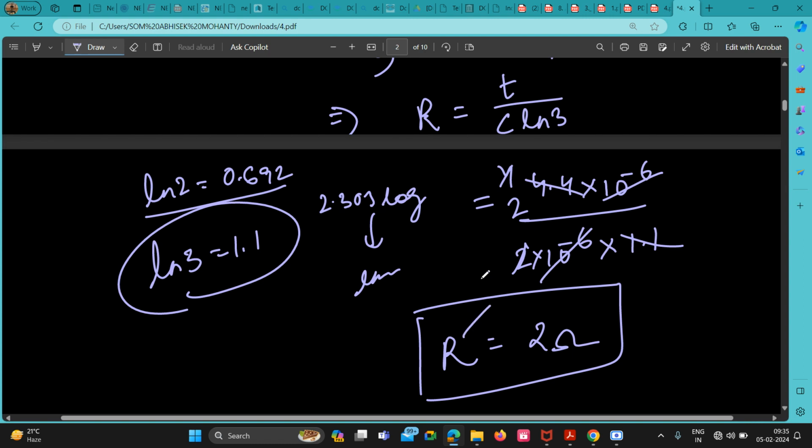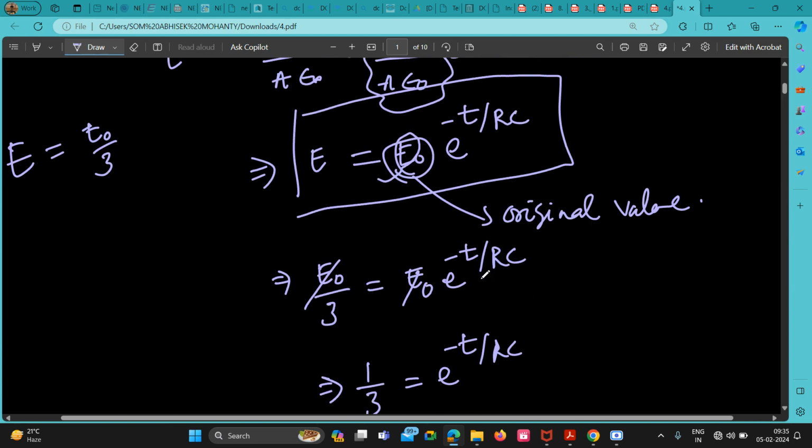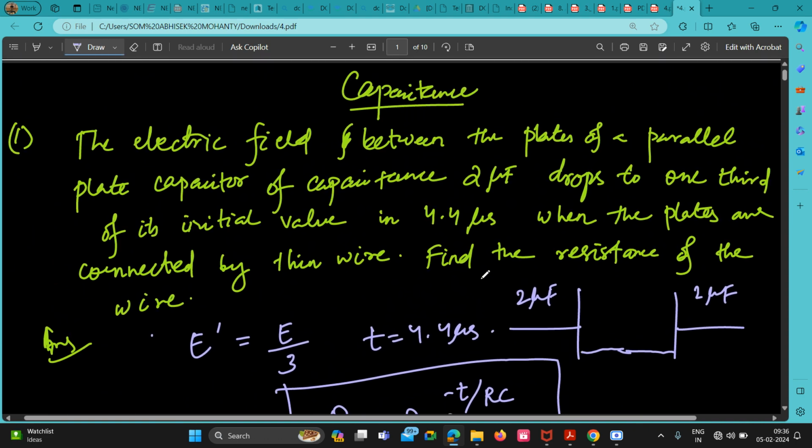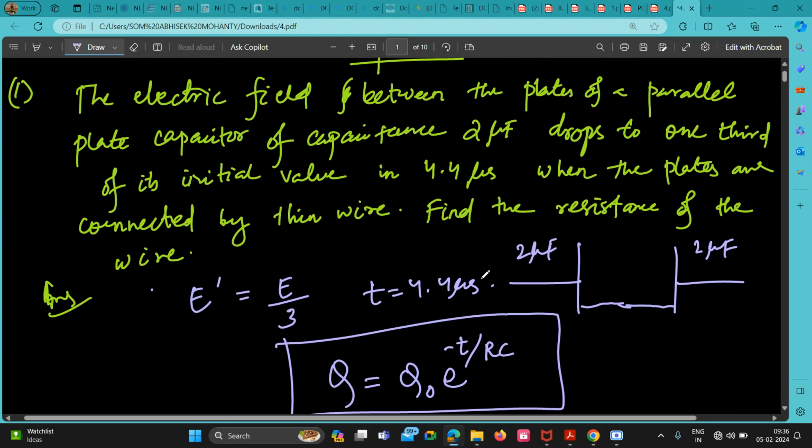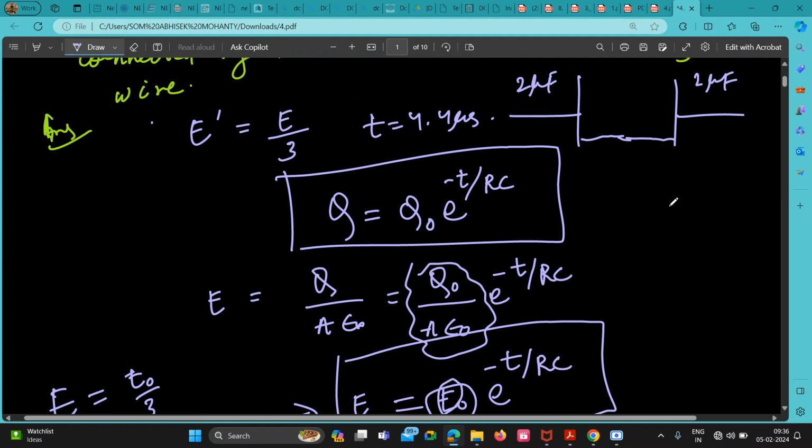Okay, got it. I hope you understood this question. Just remember that when this wire is connected and there is a reduction in electric field or charge, the reduced charge will be Q is equal to Q naught e to the minus t by RC.